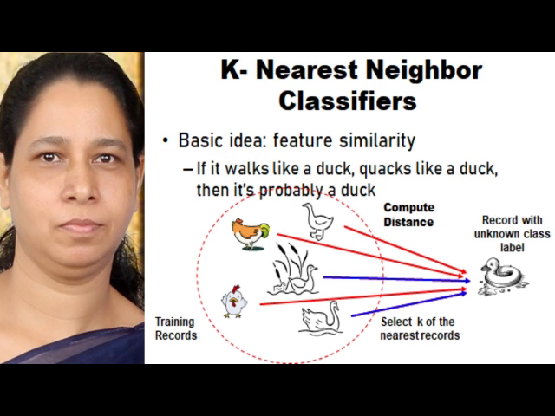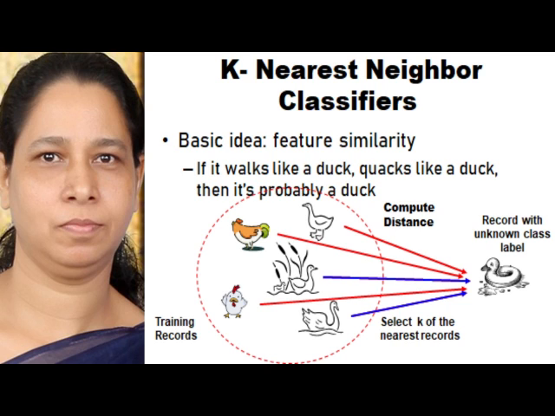Now we will see the details of classification using k nearest neighbor algorithm. In k nearest neighbor algorithm, classification is based on the assumption that objects having similar features will belong to the same class.